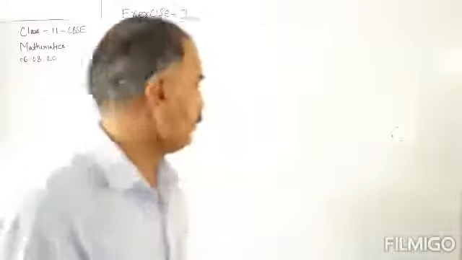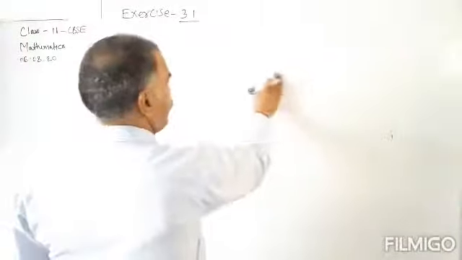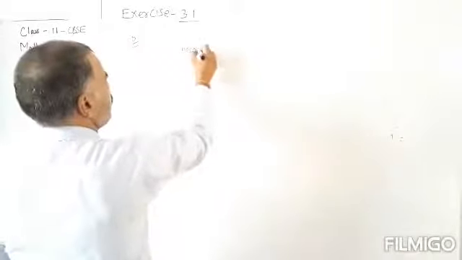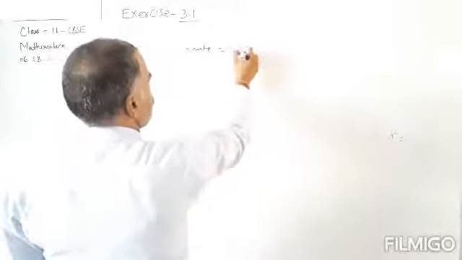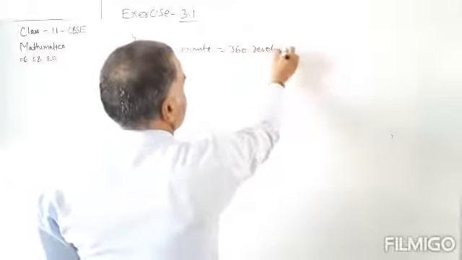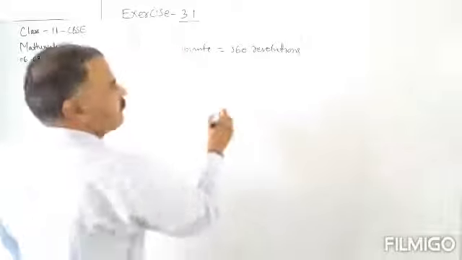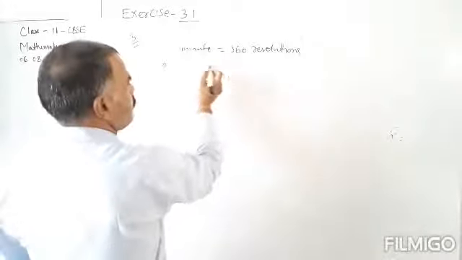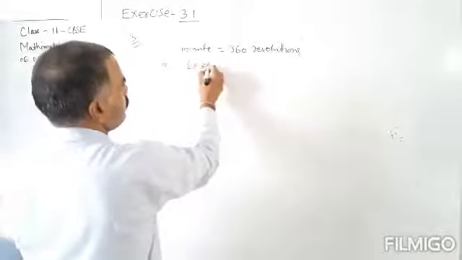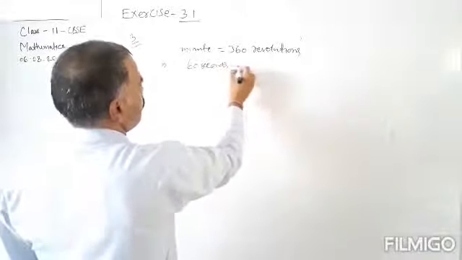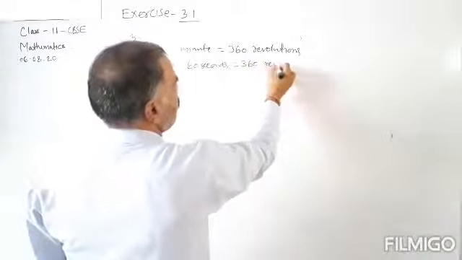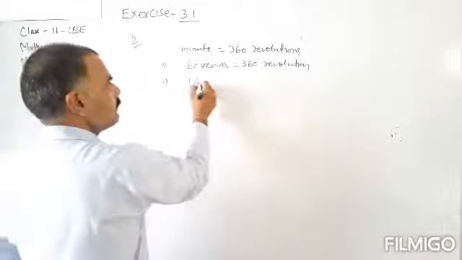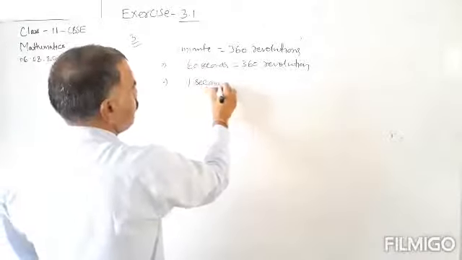So it is given that 1 minute is equal to 360 revolutions, means 360 rotations. 1 minute means 60 seconds, so 60 seconds is equal to 360 revolutions.